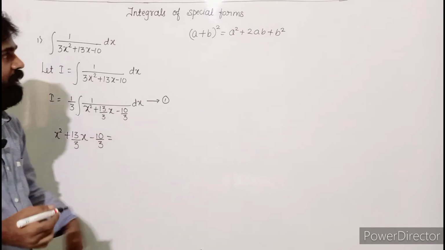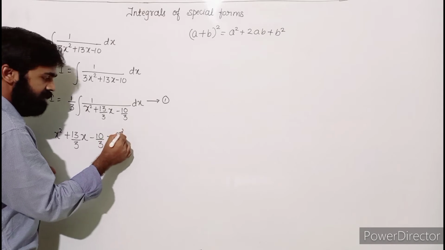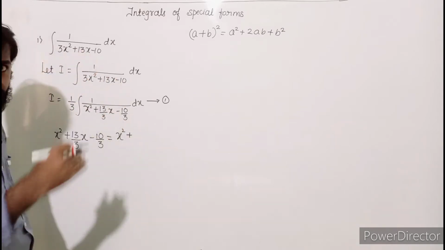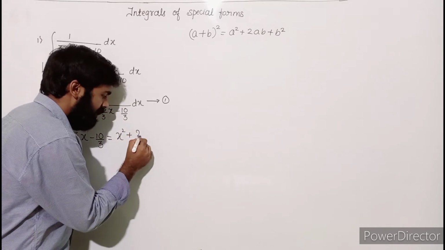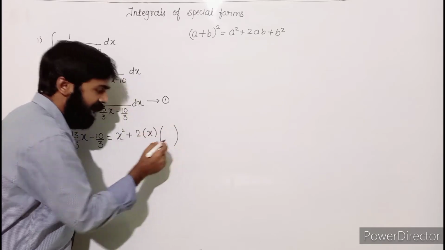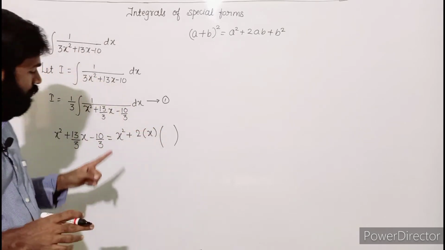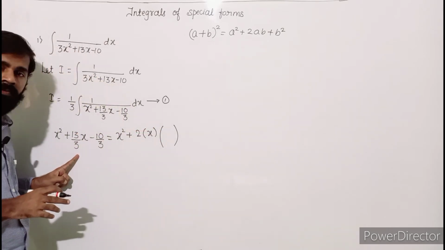If I compare here, a square is nothing but x square. I write it as it is. So a is nothing but x. Now 2ab, 2 into a is x, and I should write some term here so that we get 13 by 3.